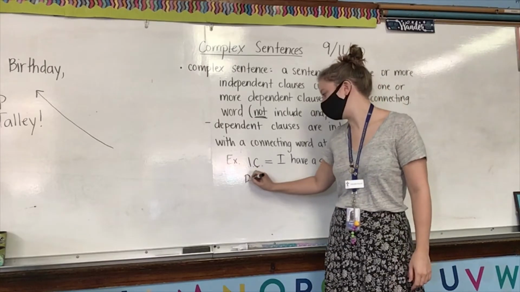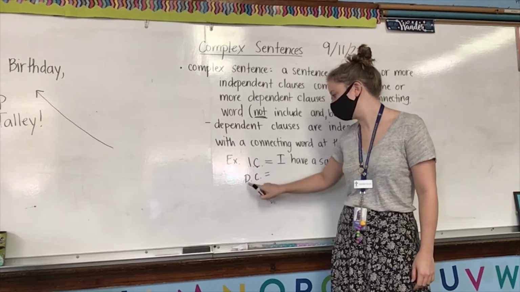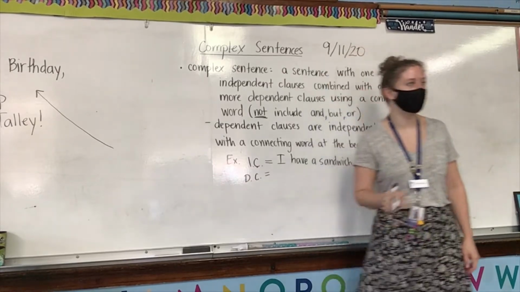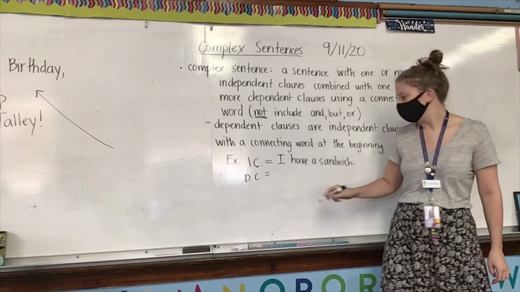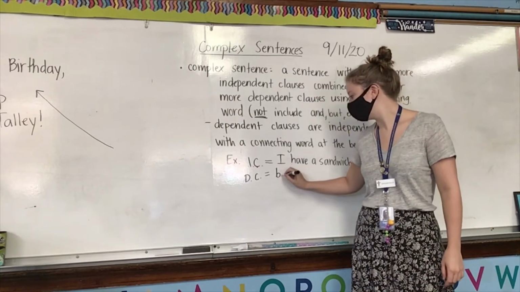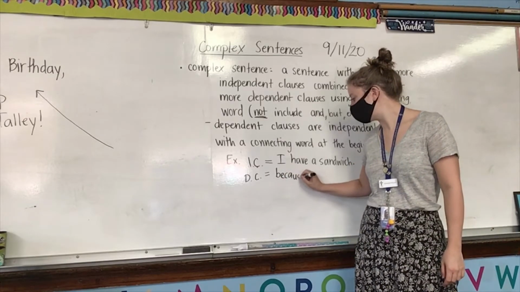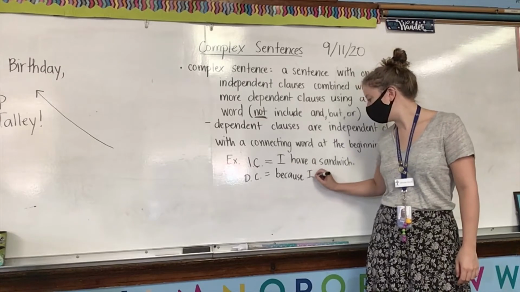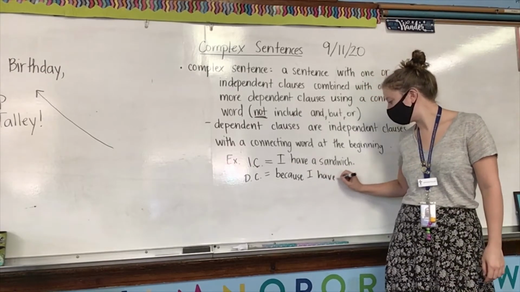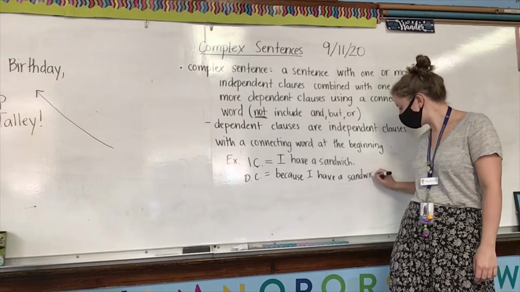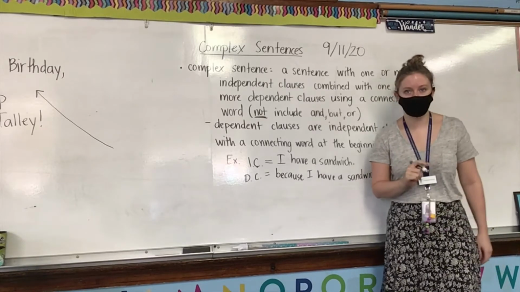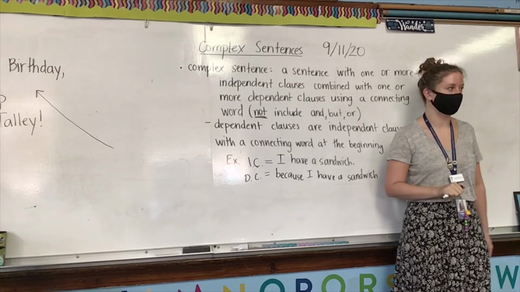An example of a dependent clause, if you need to spell out dependent clause so that you know exactly what it means, do that, is because I have a sandwich. It no longer makes sense without more information.